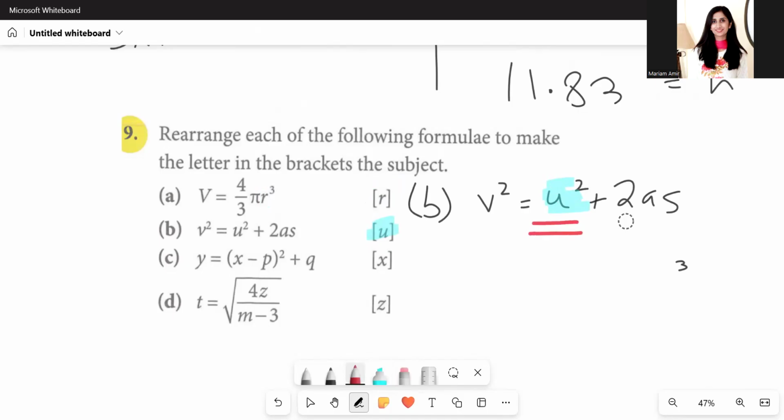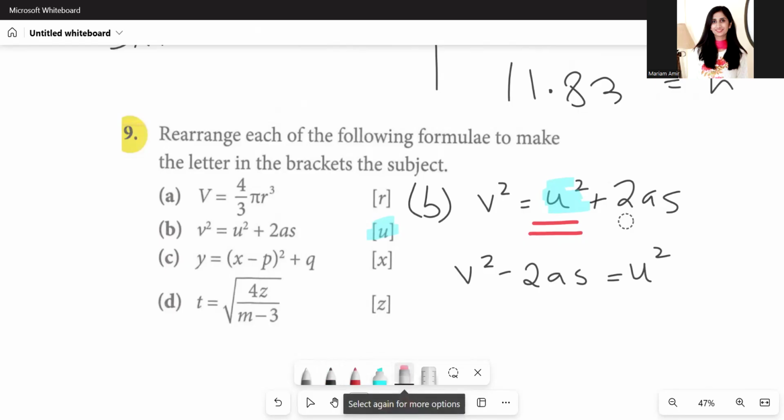Minus u squared. No, u squared stays here. Yeah. All of this can go to the other side. It becomes minus 2as. So we can write v squared minus 2as equals u squared. And now we have a square on u. But we know a technique that can get rid of this square. What is that? Take square root on both sides. Very good.